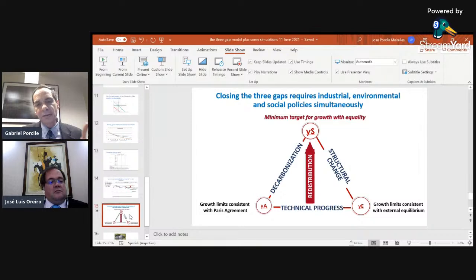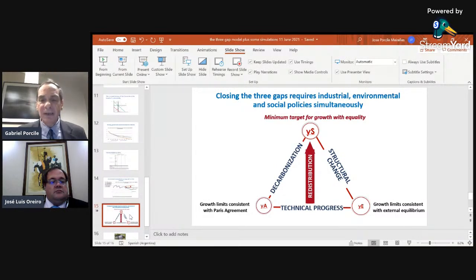And this technological policy should move in two directions: reshape international competitiveness to raise the rate of growth consistent with external equilibrium, and at the same time promote the decarbonization of the economy in order to respect the limits that the global economy poses to us in terms of ecological sustainability. Respect the limits of the planet to economic growth.